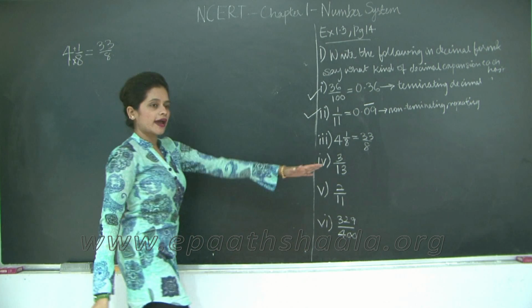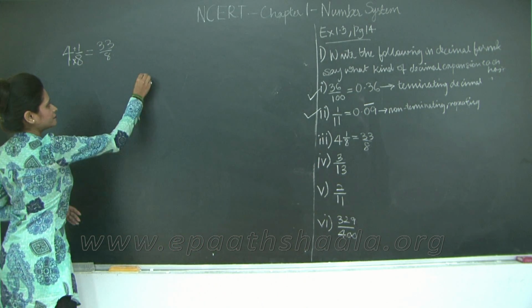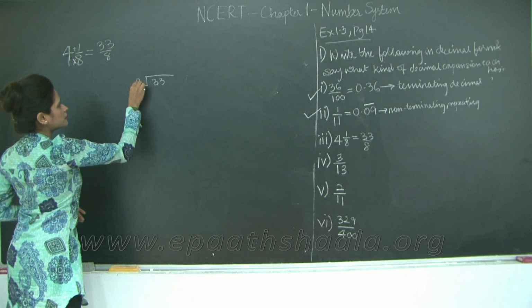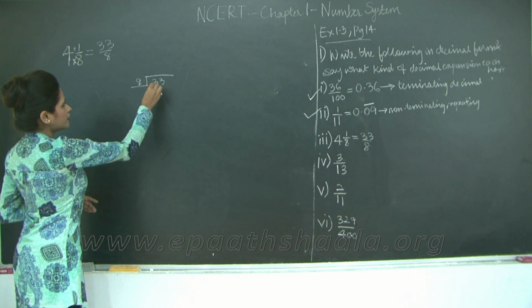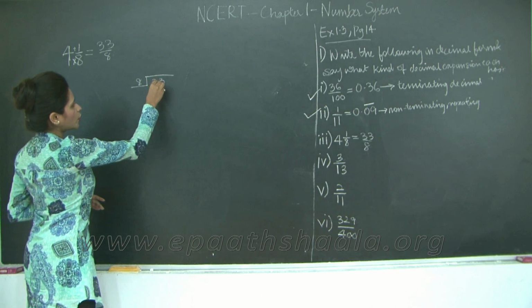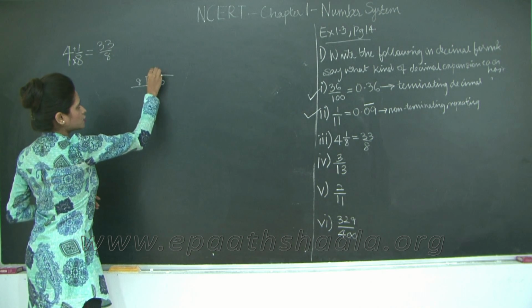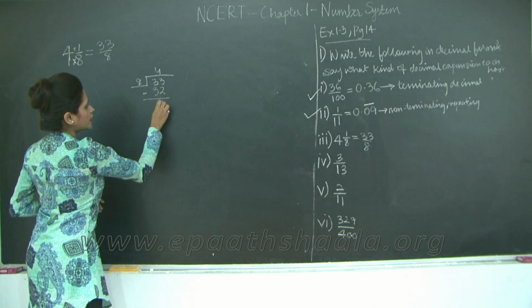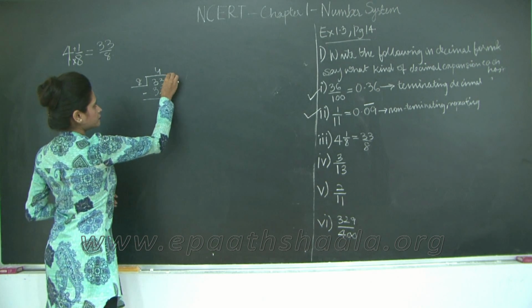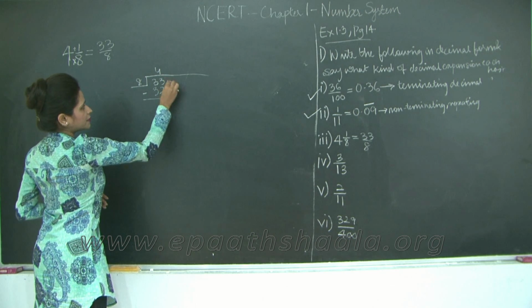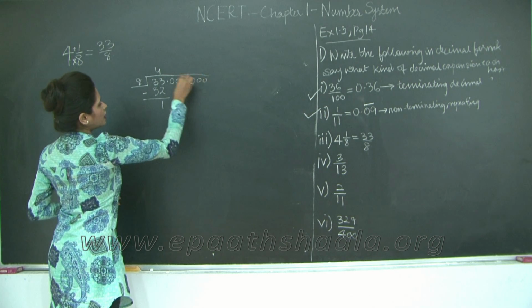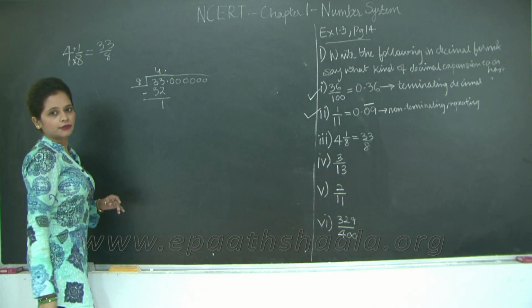Now let us go ahead and divide this. 33 becomes my dividend and 8 becomes my divisor. Let us check what would go in 33. 8 4s are 32. I am left with 1. I put a decimal here and add a few zeros. And again I add a decimal over here.